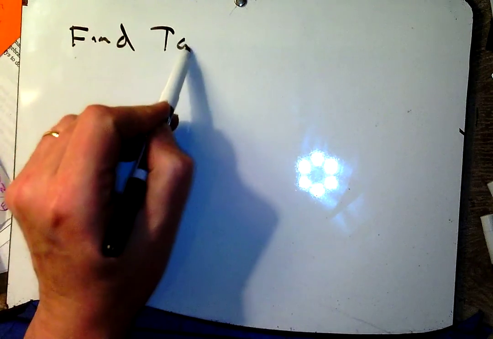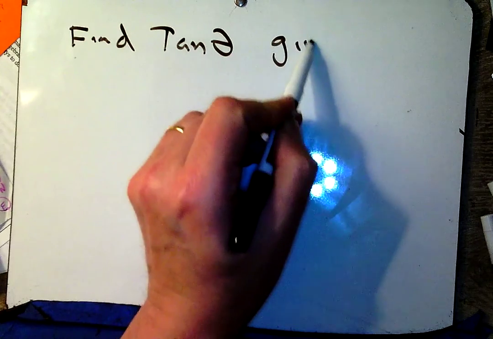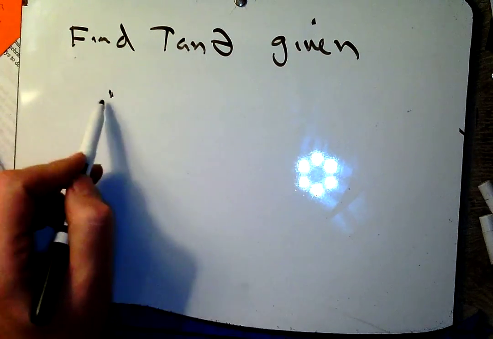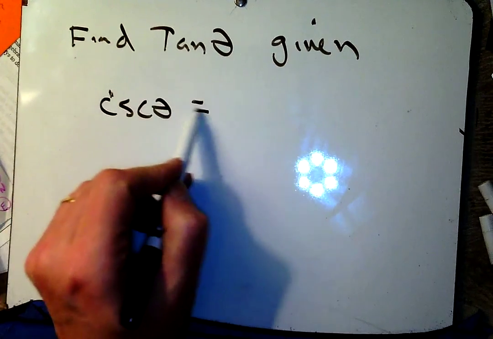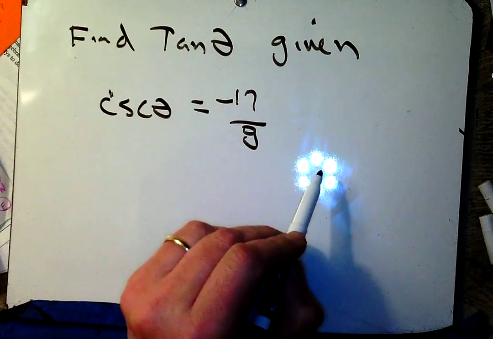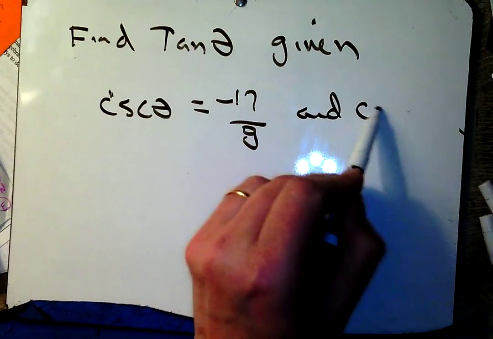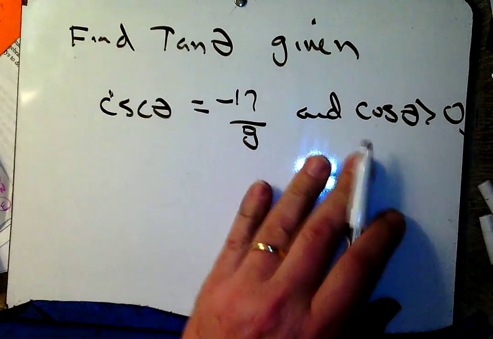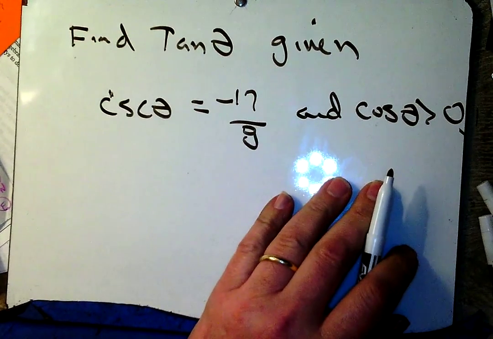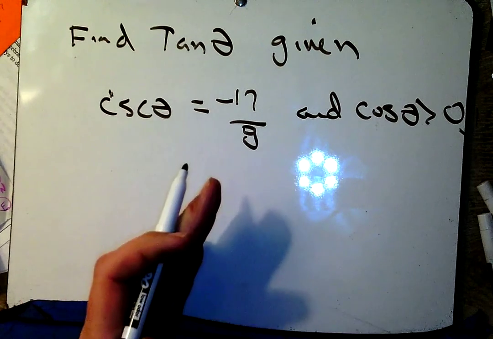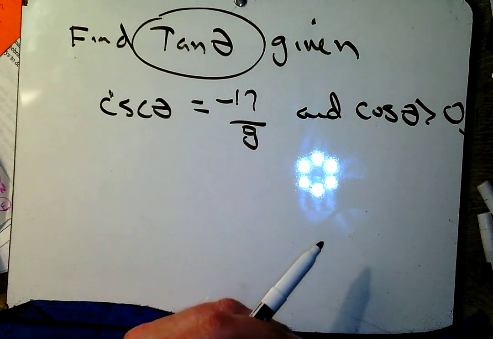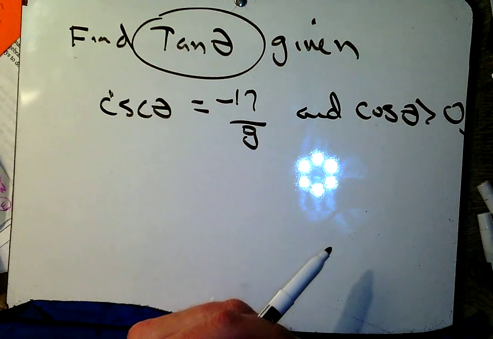Find tangent theta given cosecant theta is negative 17 over 8 and cosine theta is greater than 0. That's right, this is a draw a triangle problem. So draw that triangle, label it properly, and then find the tangent in that picture. Pause the video, give it a try, come back when you're ready to talk about it.